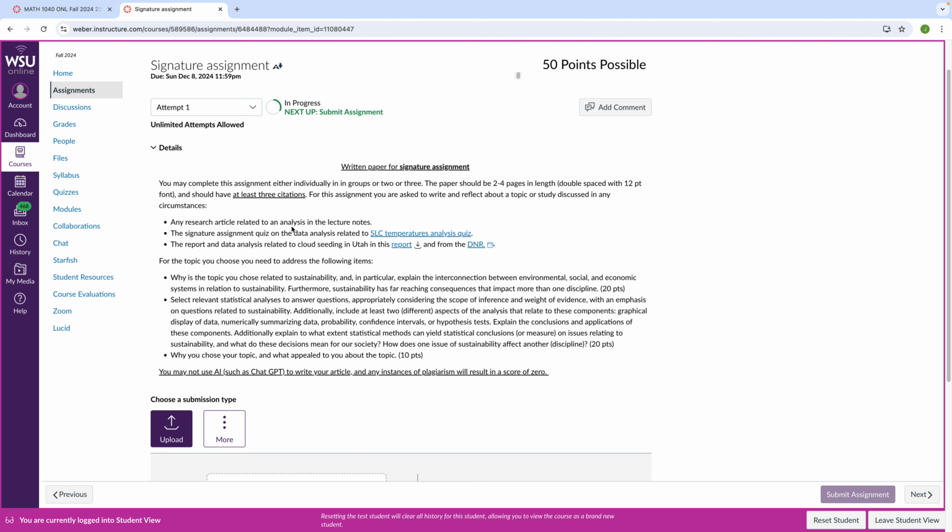But right now, the directions are that you can choose any research article related to an analysis in the lecture notes. You can write about the Salt Lake City temperature analysis quiz, or you can write about the report from the DNR on cloud seeding, and I'll make some minor modifications to this assignment a little bit later in the semester.